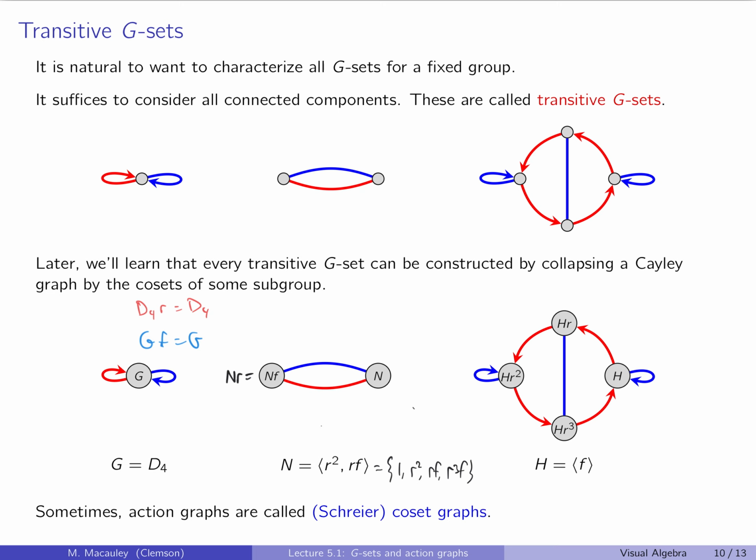So this other right coset consists of RF, R squared F, and what's the other one that I'm missing? R cubed. So it's the 4 elements in D4 that are not in here. So you can think of these 4 elements as NR, or as NF, or as N times either of these 2 elements as well.